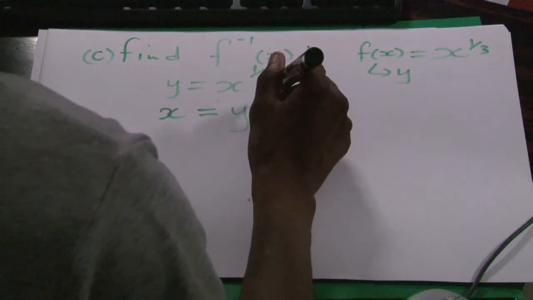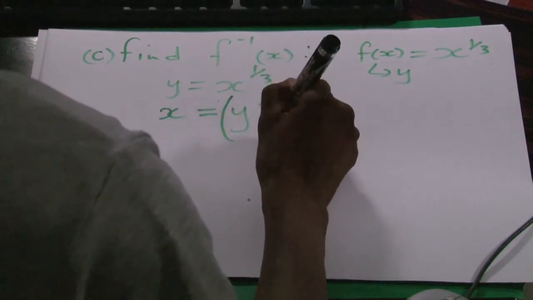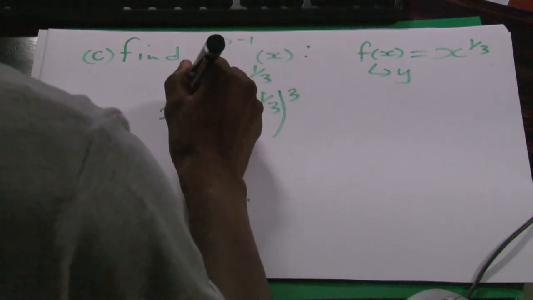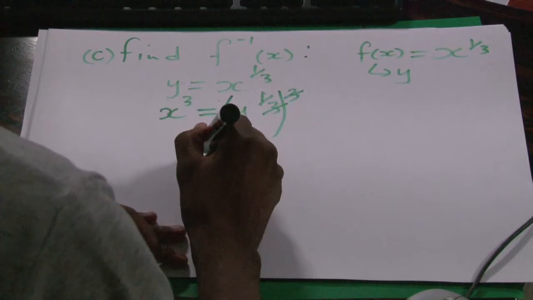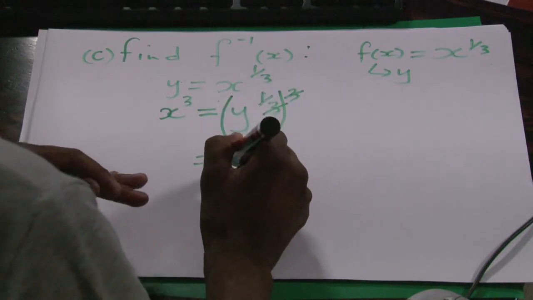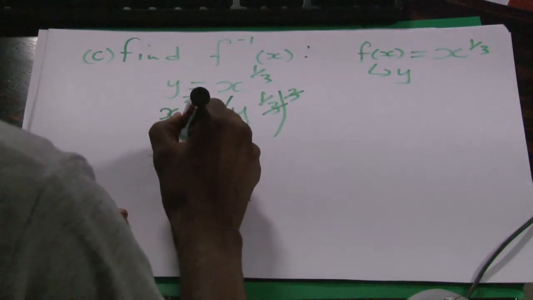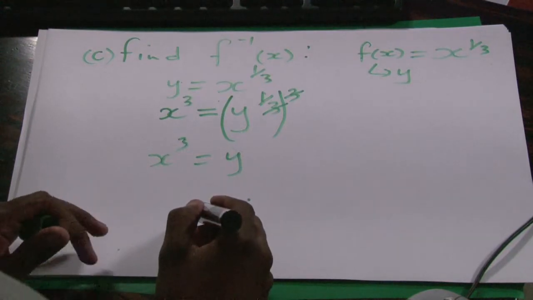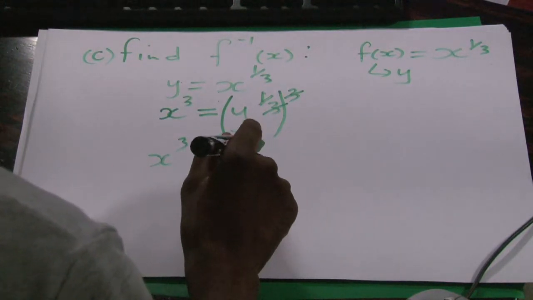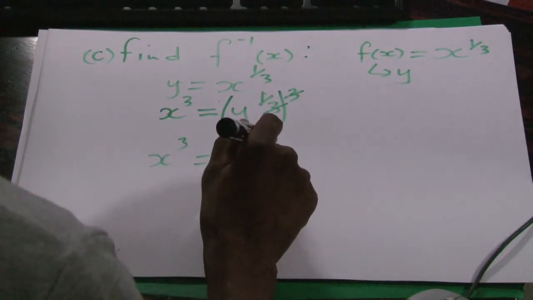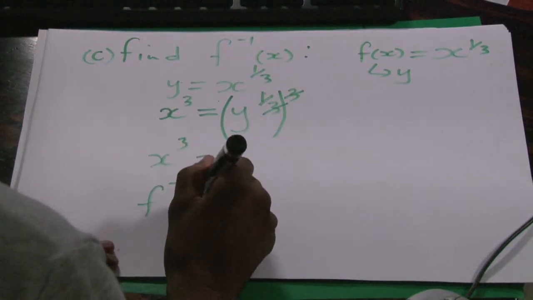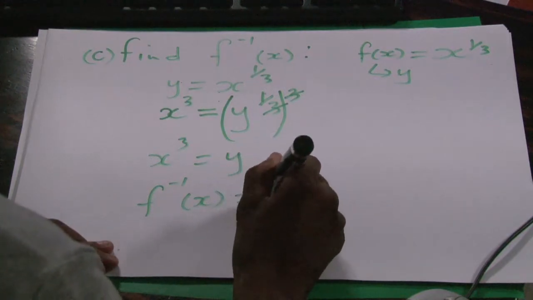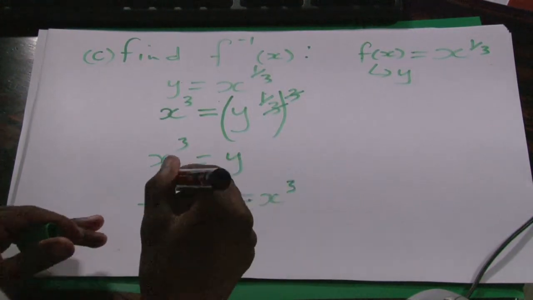I must take a cube on both sides so that this and this cancel, and then I will have y is equal to x cubed. This is the inverse function, but we do not leave it like this. We have to write f inverse of x is equal to x cubed.